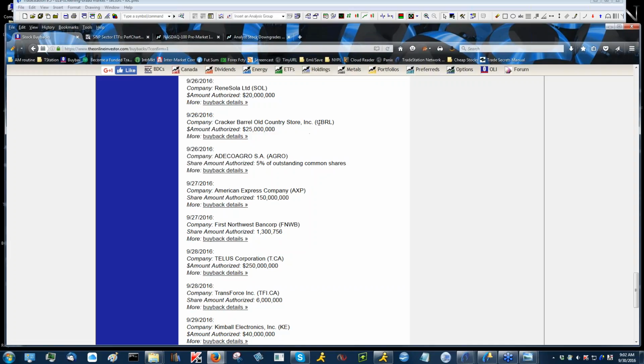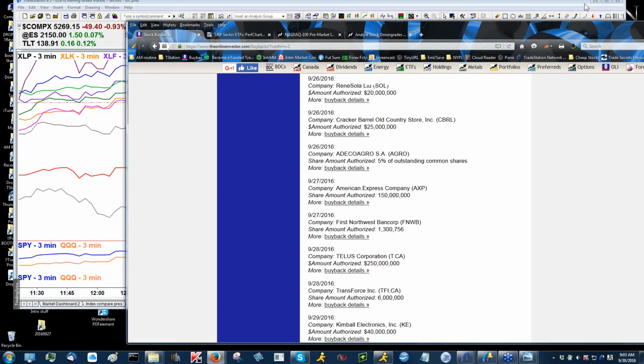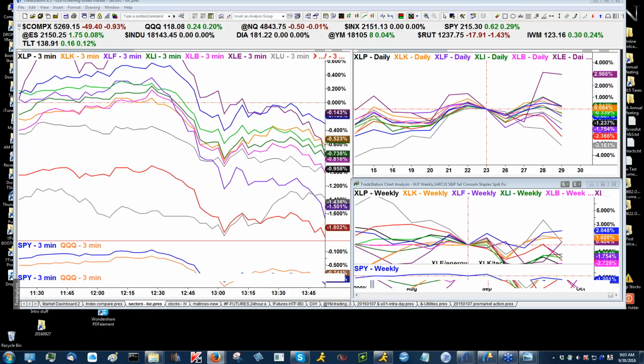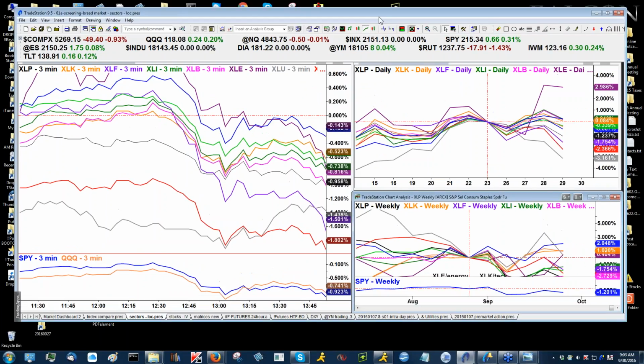In this particular case on Cracker Barrel, I waited for price to return back to a level in order to put on a long trade. So I waited for a pullback and then went for a long trade using the principle that I had just shown you. So that's a couple of the pre-market things, all of which you can get for free online.